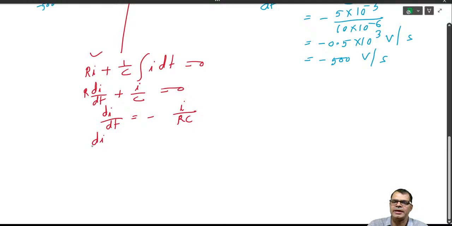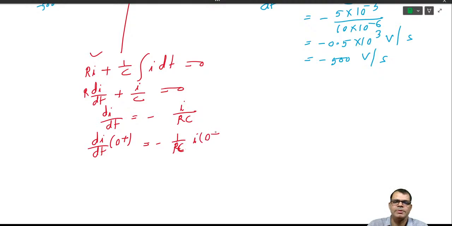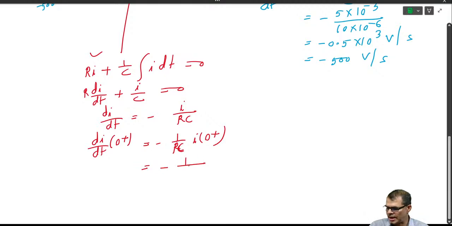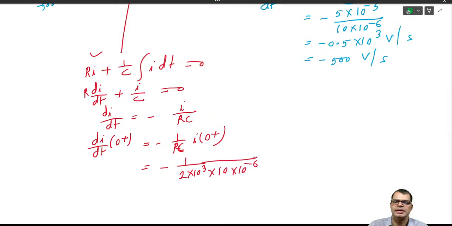So di upon dt at 0 plus is minus 1 upon RC times I at 0 plus. So you can find out. What is your R? R is 2 kilo ohm. C is 10 into 10 to the power minus 6.